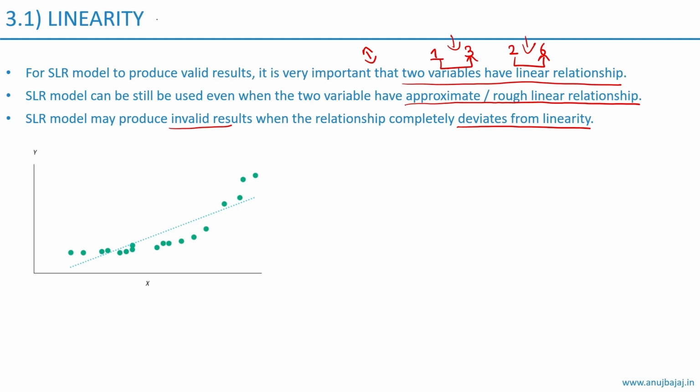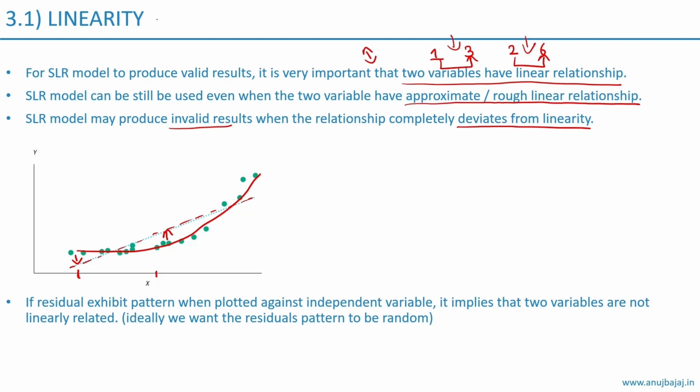So in the following example, the two variables follow a non-linear relationship, and this is the regression line that we have forecasted. The regression model underestimates the dependent variable for certain values of x, and it overestimates the dependent variable for certain values of x. So for such a non-linear relationship, the simple linear regression model is not that useful.